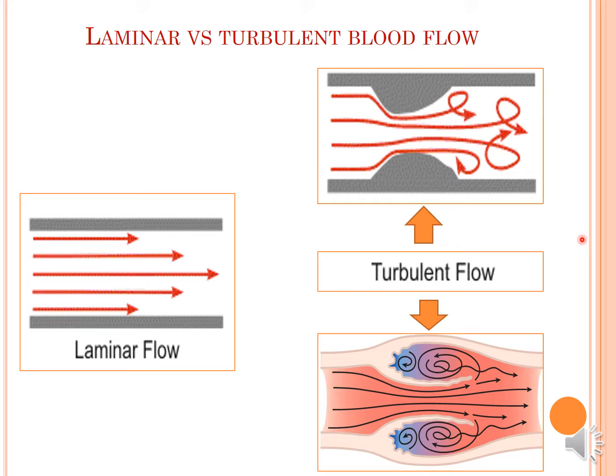Anything that might lead to either stenosis, or sudden narrowing of the lumen of the blood vessel, or on the other hand, anything that leads to abnormal dilation of the diameter of the blood vessel, both of which might lead to turbulence of the blood flow and sluggish movement of blood through the affected segment of the vessel, and consequently both might lead to increased risk of blood clot formation.